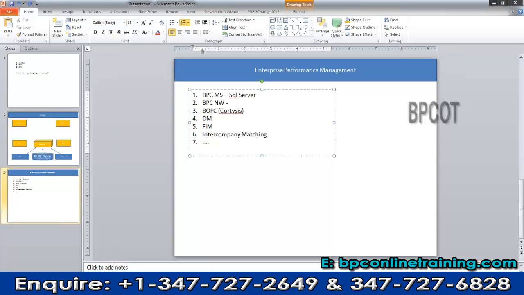For the NetWeaver version, the backend is the BW system. That is the difference. That will not make any impact on you as a BPC learner. So you are going to learn both the BPC Microsoft version and the BPC NetWeaver version.